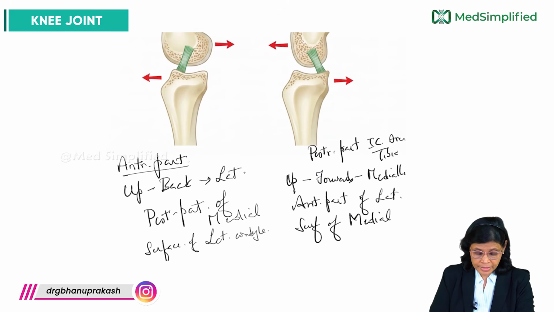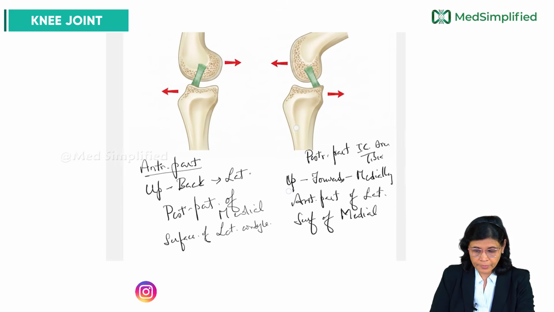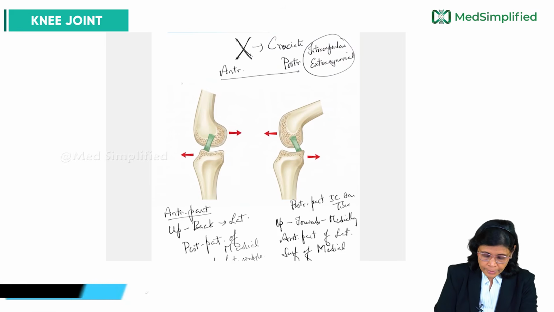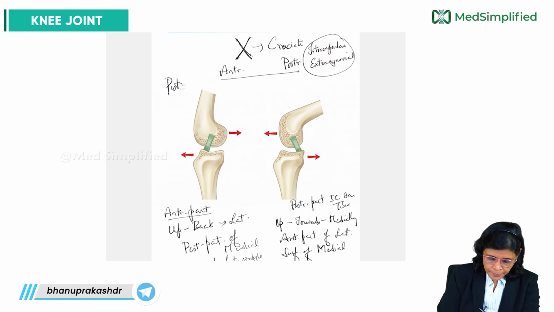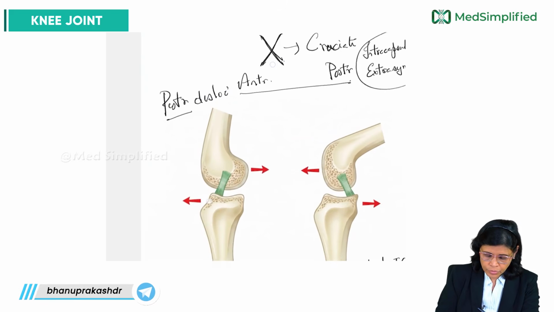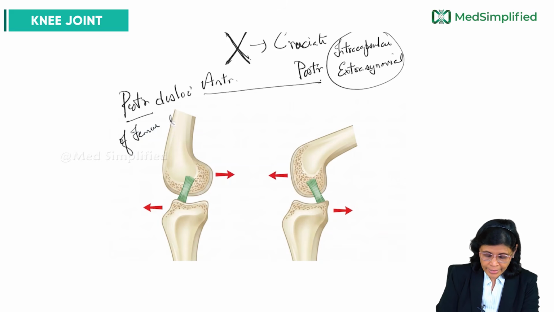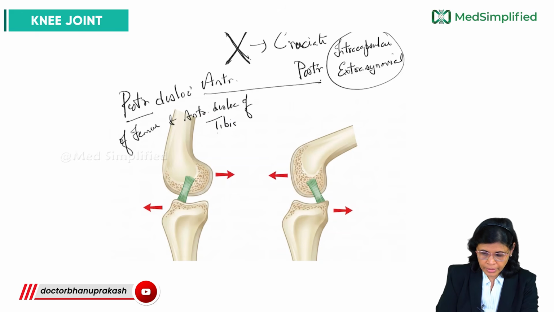The anterior cruciate ligament, you should remember, prevents the posterior dislocation of femur on the tibia and anterior dislocation of tibia on femur.